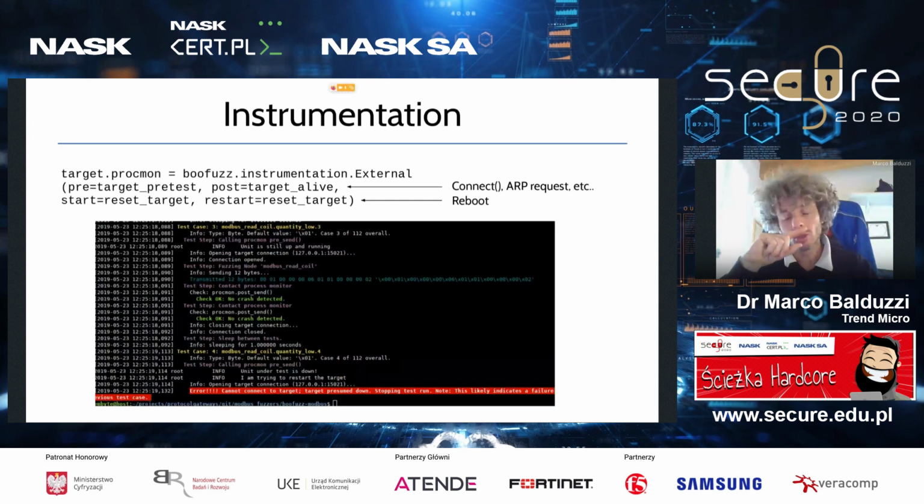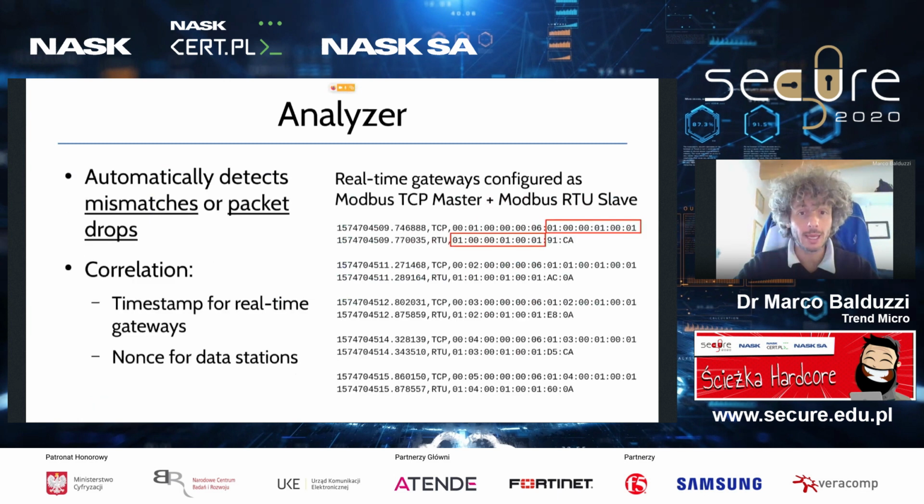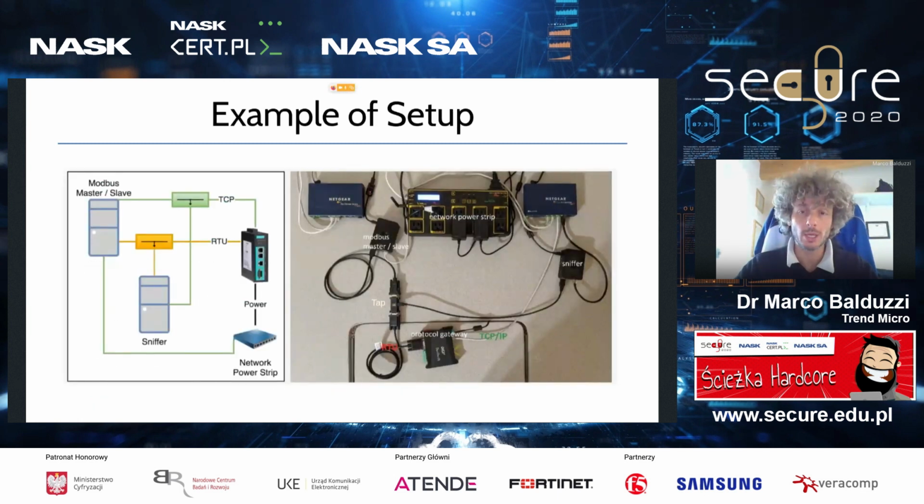You can also specify what happens if a crash is detected. In our case, we automatically reboot the device, using a network power strip, which is a device that can automatically power a device back on. So if a gateway goes down, we ask the network power strip to bring the device up, and we continue the fuzzing.